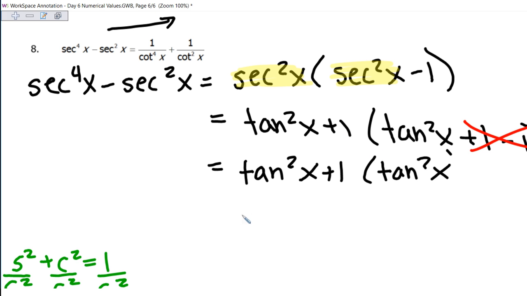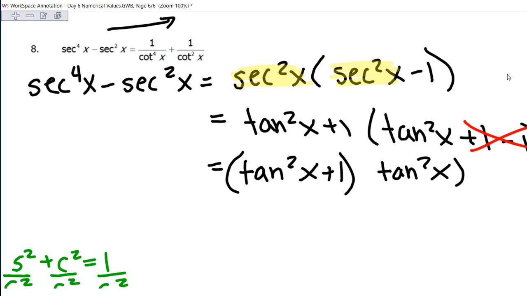So here we'll have to distribute. Really, the parentheses needs to go over here now. That way we can distribute. Because over here it's really tangent squared of x plus 1.